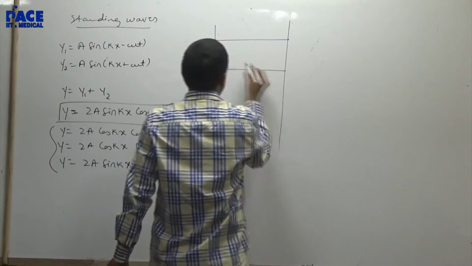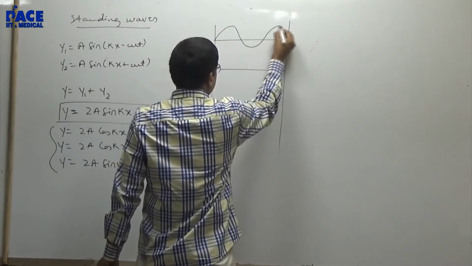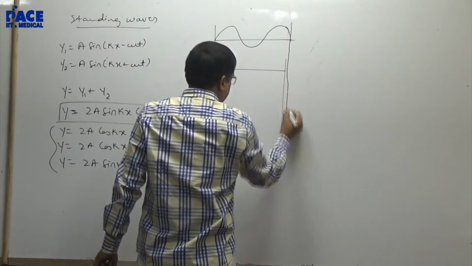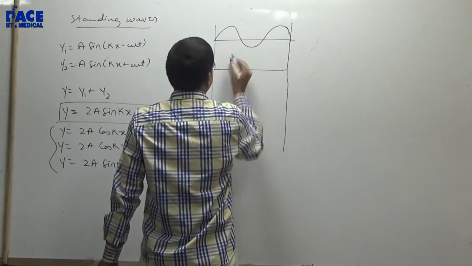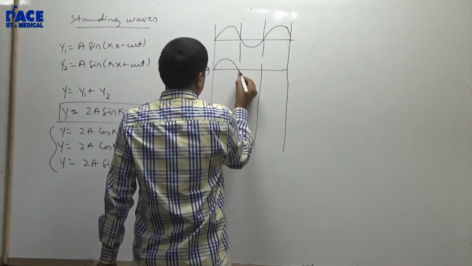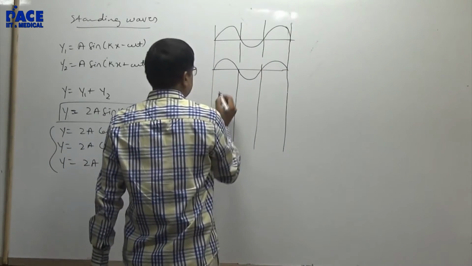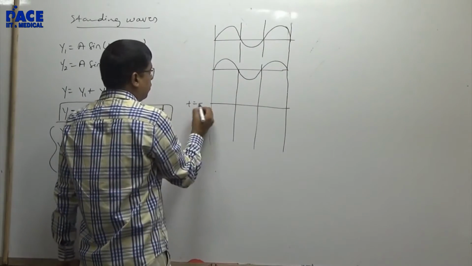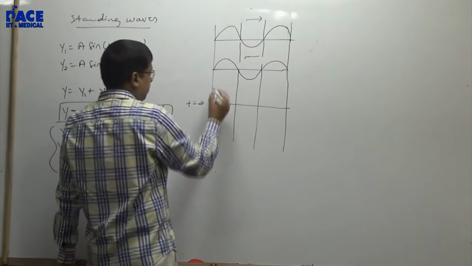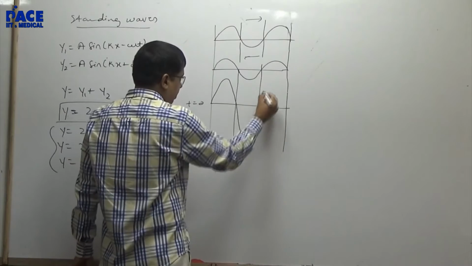At time t equal to 0, if you have a wave like this, and this will also be a wave like this. Now this is at time t equal to 0. This is travelling towards the right, this is travelling towards the left. If they both superimpose, this is the standing wave you will get.